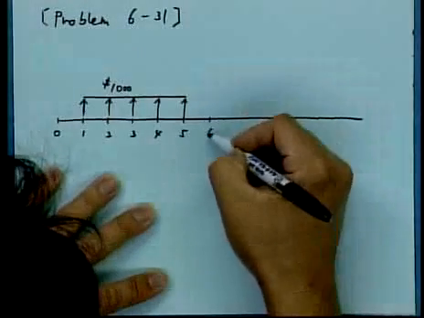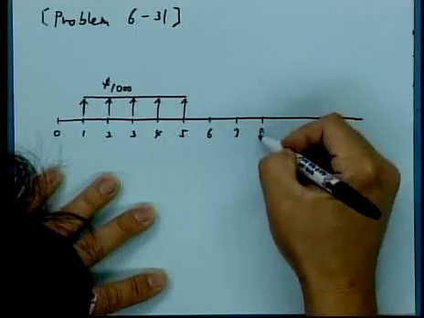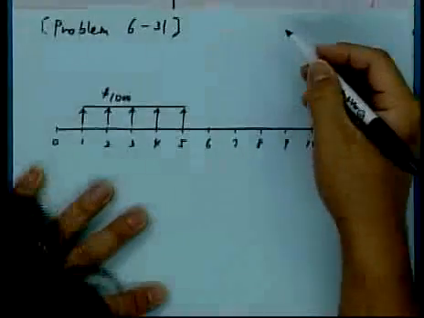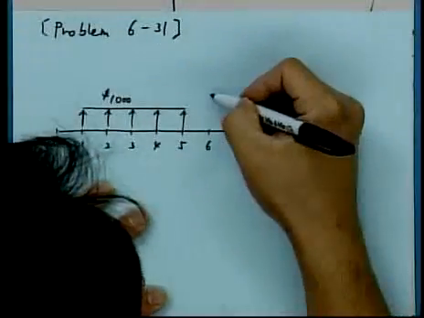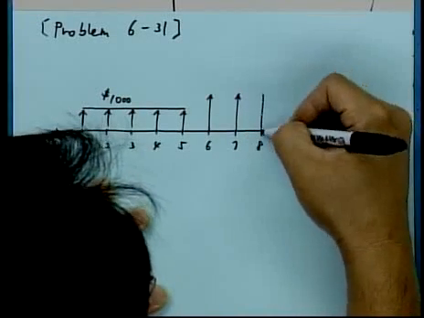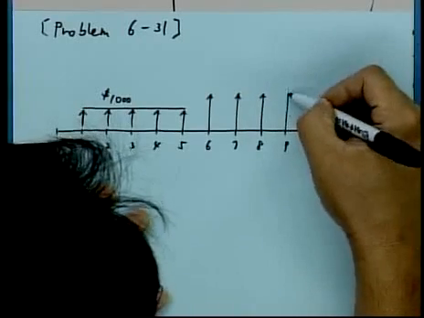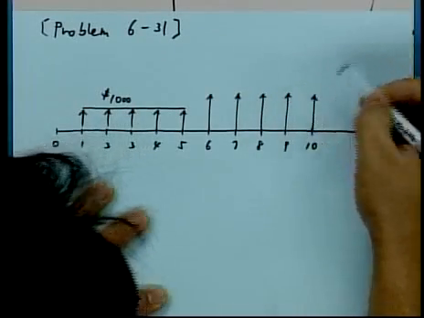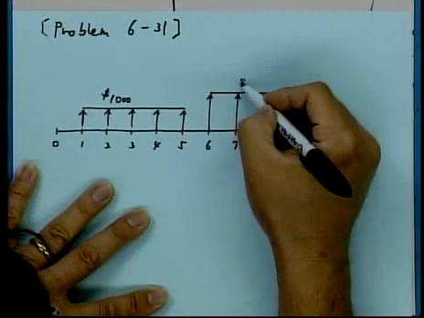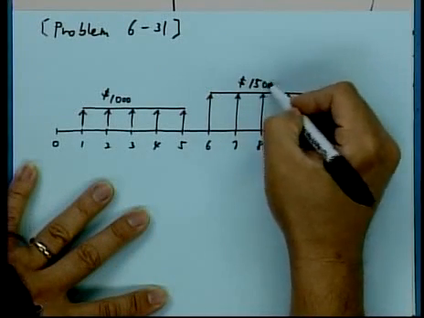So 6, 7, 8, 9, 10, we have $1,500, right?